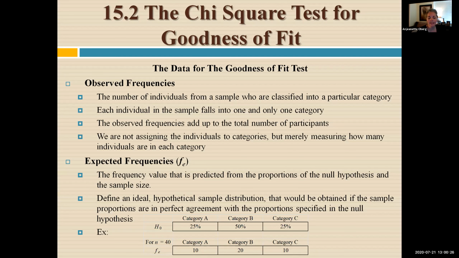So looking at this, if you add up your expected frequencies, 10 plus 20 is 30, plus 10 is 40, they equal your N. So you calculate your expected frequencies based on the proportions that are being observed in those categories within your population. Okay, and then what you do is you compare these expected frequencies to the actual raw frequencies you observed in your sample, and you see if they fit one another or if they're out of proportion and there's a significant difference.